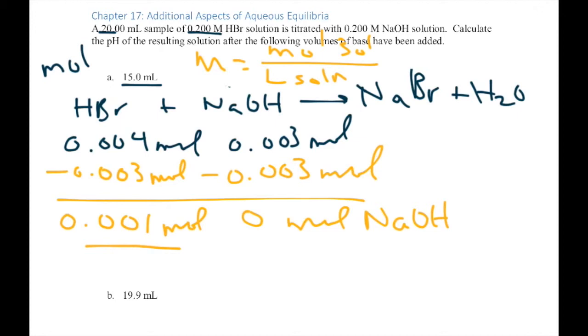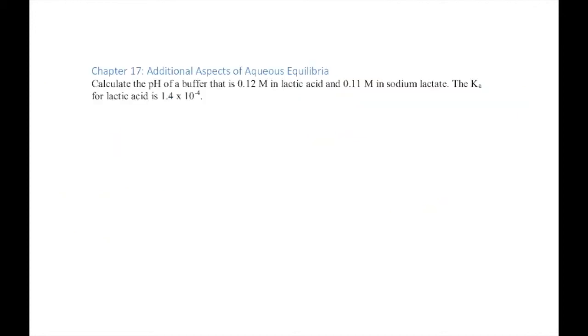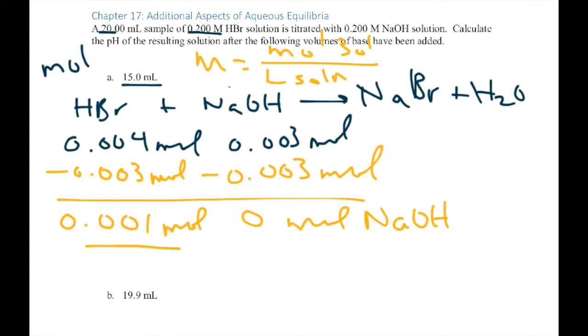So remember, it's the 15 mils plus the 20 mils. So total we have 35 milliliters, or 0.035 liters.